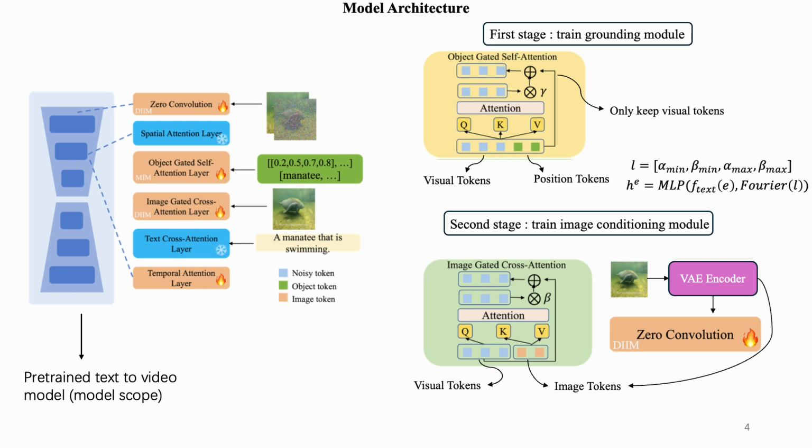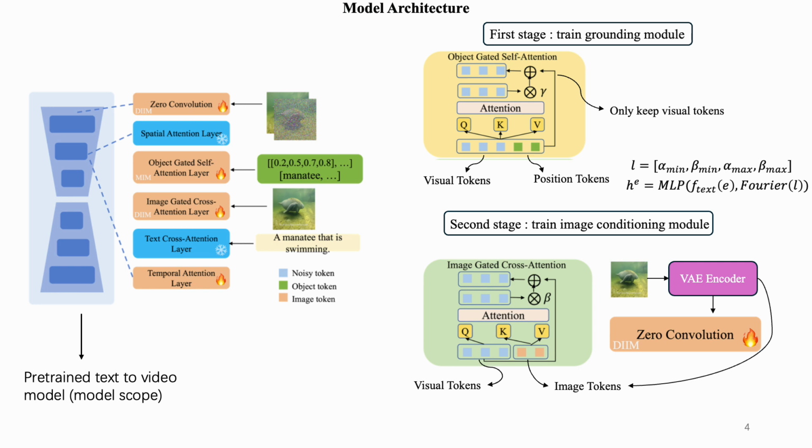In the gated cross attention module, we use these latent image tokens to compute the key and value in the cross attention layers, and we use the visual tokens to compute the query. We use this query, key and value to do the cross attention, and in the output, we only keep the visual tokens.